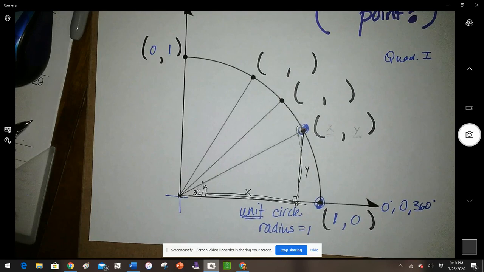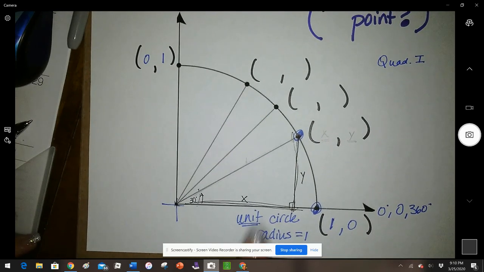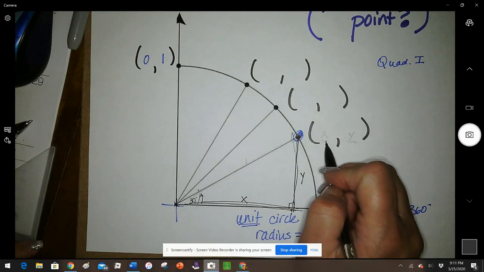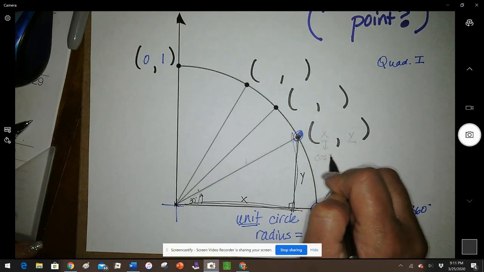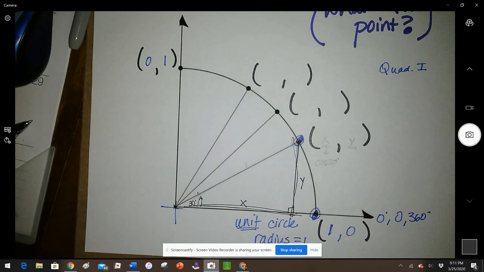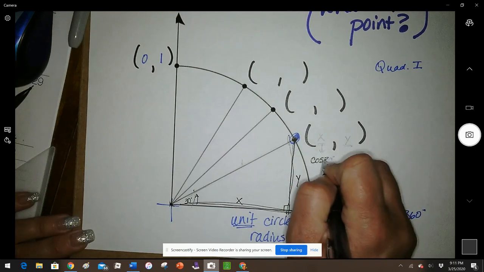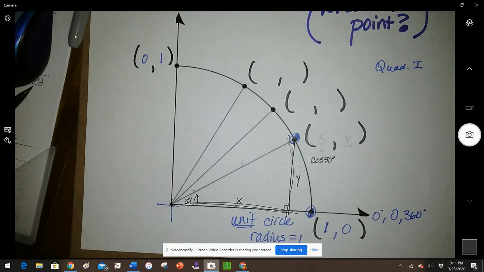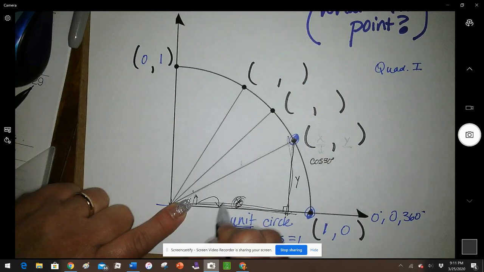So if you pull up your little table, the one that I told you needed to get copied in your notes, the number that is going to go first is going to be the cosine. So what is the cosine of 30 degrees? If you take a look in your notes, the cosine of 30 degrees, that's your x, because cosine is adjacent over hypotenuse.